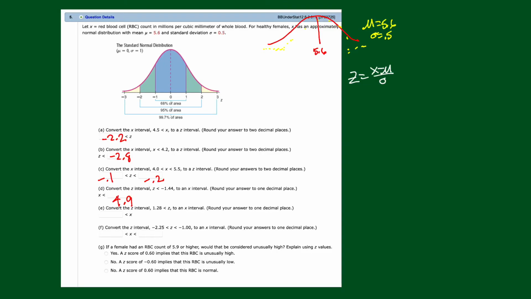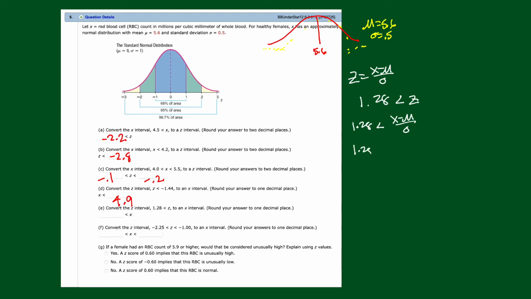Part E, this is a z interval, negative 1.28 less than z. We'll do the same thing that we just did in D, but with different numbers. Here's our converter, z is equal to x minus mu over sigma. But be careful: they're writing it a little differently than in the last problem. 1.28 is less than z.